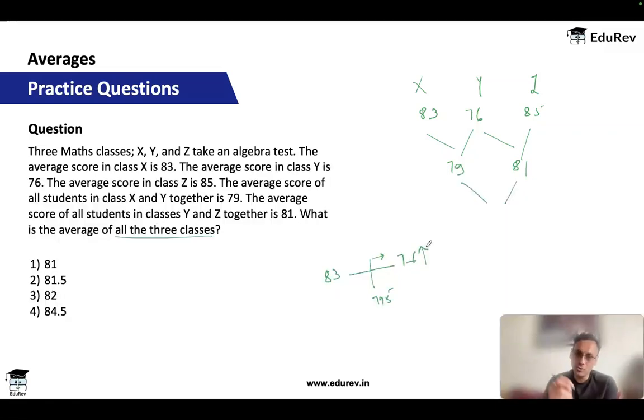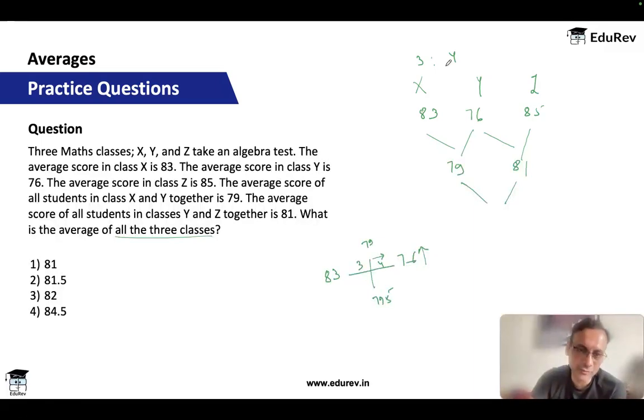So I'm actually getting 79. If you do 79 minus 76, the difference is 3, which you can write here, and 83 minus 79, the difference is 4, which you can write here. So the ratio of the students is 3:4. This is how we do it in alligations, where you directly find the ratio.